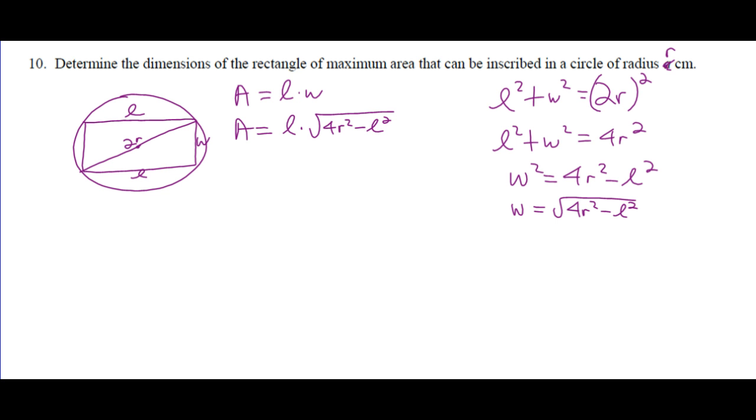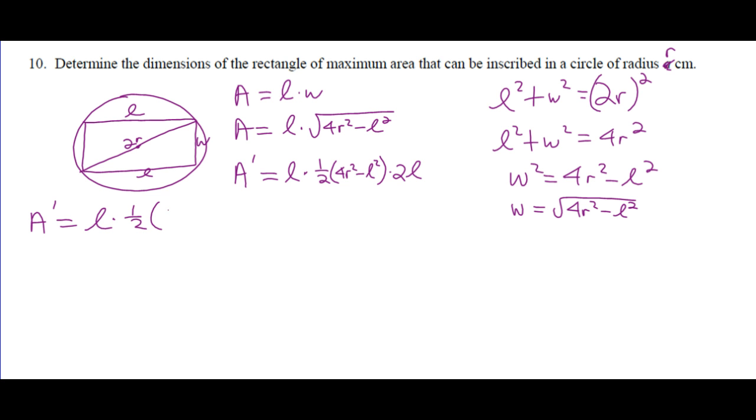So we have it just in terms of L, and we can do the derivative, A prime. It's just a product. So it's L times the root of that, so it's 1/2 times 2L. I'm running out of space, so I'm just going to start over down here.